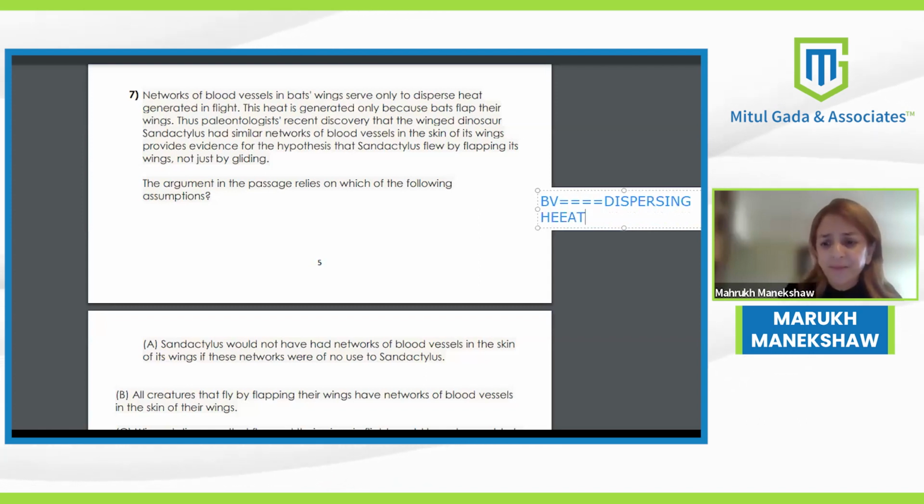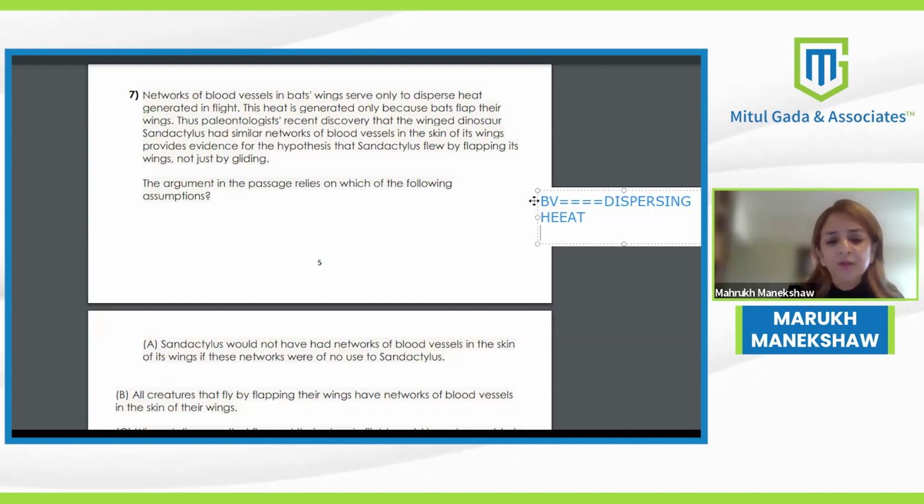Next, he says, heat is generated only because bats flap their wings. Okay, so heat is caused by flapping, or flapping causes heat.